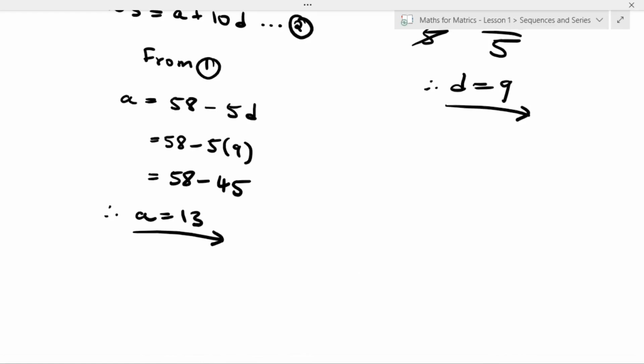Now that we have our a and our d, we can easily find the nth term of the sequence by substituting them into the formula of the general term. The general term is given by Tn is equal to a plus (n minus 1) in brackets times d. Now, let's substitute our a and d into the formula.